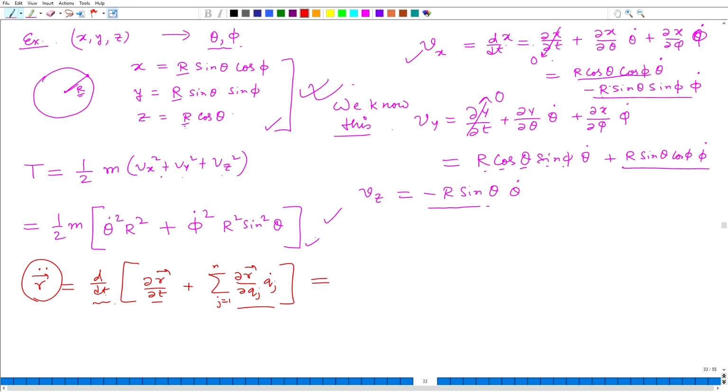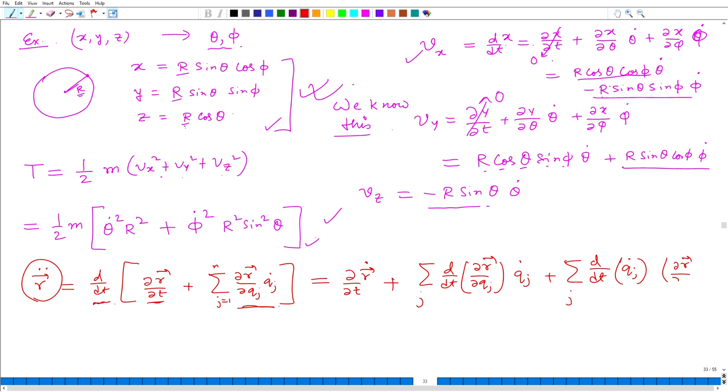So, first you will see that this del t and this one, they can commute. So, it will just give you del t of r dot. But when these act on these two things, then you will have summation over j, first d dt acts on del r del q j dot, plus summation over j d dt of q j dot times del r del q j.